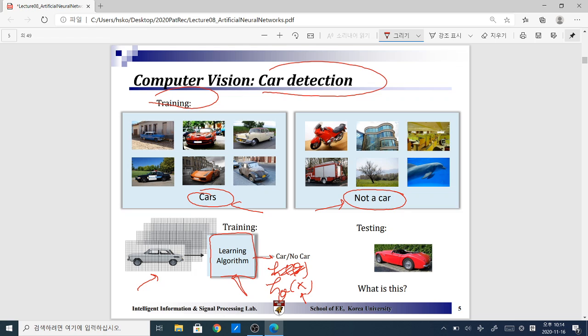After the training is complete, we can let it go through a testing by using one of those exemplars that were not part of the training set. And hopefully, if this particular image as a test example contains a car image, it should produce the output of the car.